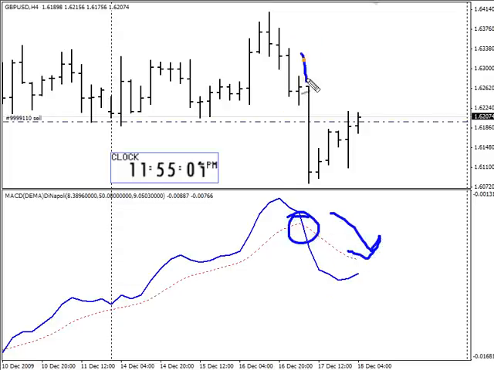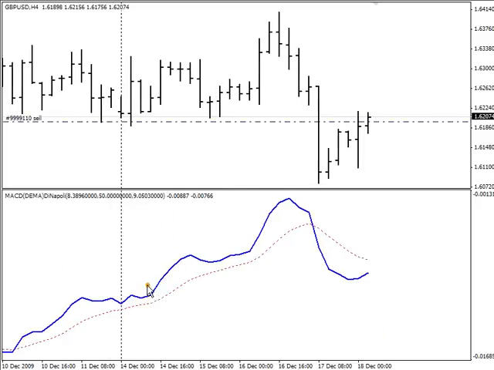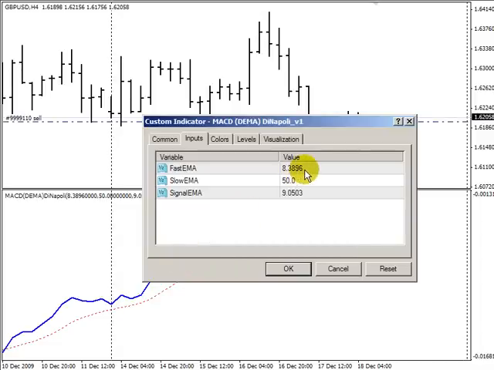Short. All right, so this is the way that we use the MACD. If you got any questions whatsoever, just let me know so I can put out another video explaining to you how to use it. So once again, this is the plot. This is how you plot it. 8, 38, 5, I mean 9.